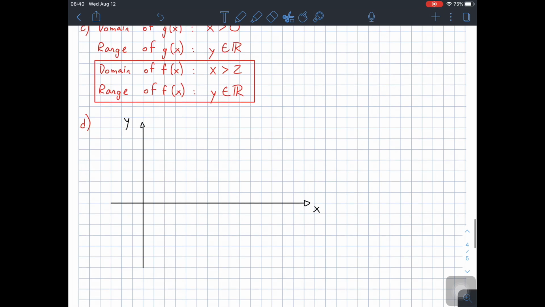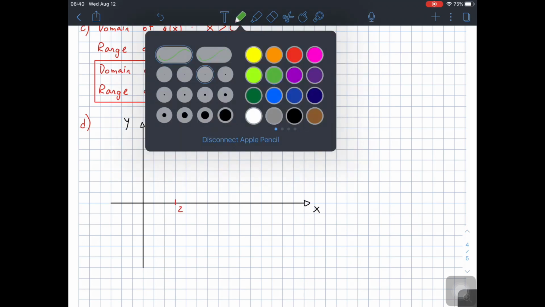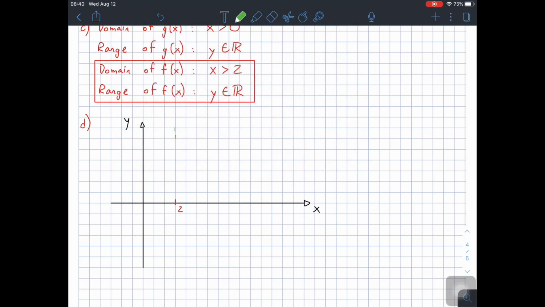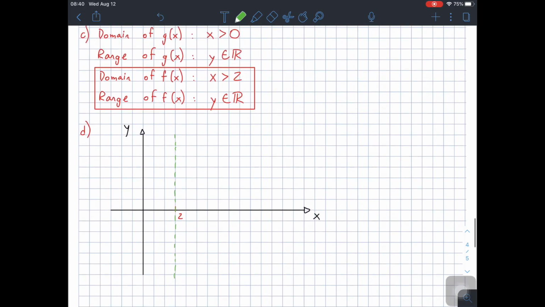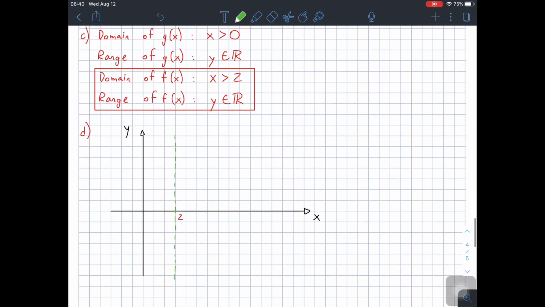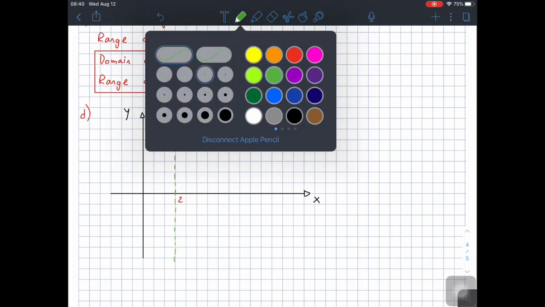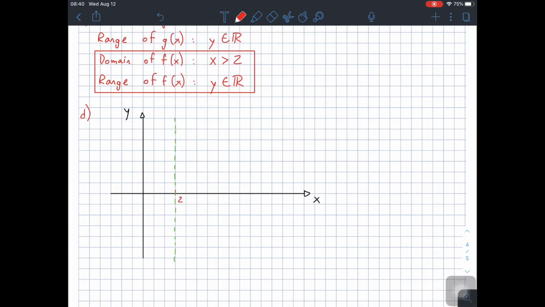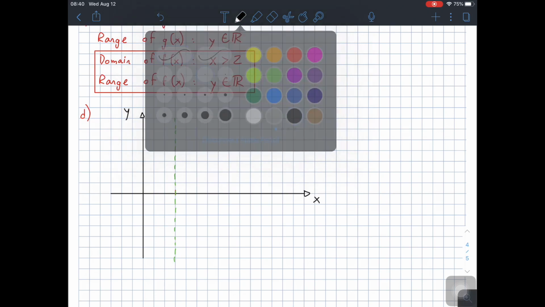So I'm going to plot the vertical asymptote. I'm going to say that this, for example, is x equals 2. So for that point, I have the vertical line, and then I'm going to plot the function f of x, which would be something like this. I'm going to change this to black.